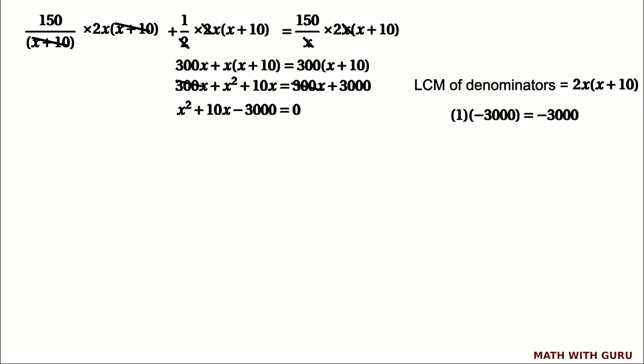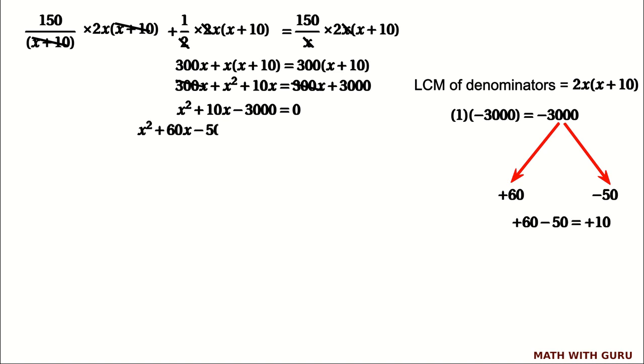Let us solve this quadratic equation by factorization method. 1 into minus 3000 equals minus 3000. Let us find two factors such that their difference is 10: plus 60 and minus 50. Their sum is plus 10. Therefore, let us split the middle term plus 10x as plus 60x minus 50x.